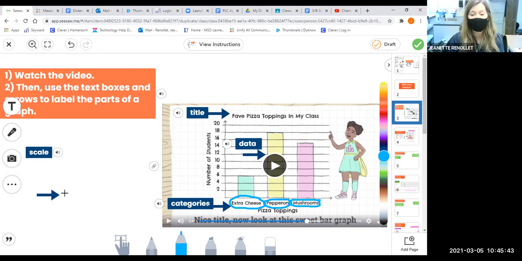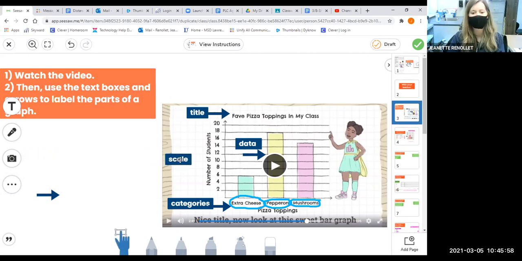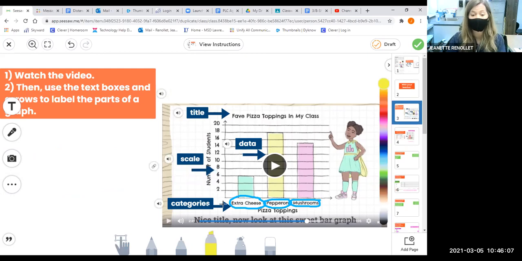Our last job is to label the scale. You're working quietly. Our scale is what we're counting by. Our scale helps us read the data. Our last job is to drag our scale to the graph and point to the scale. I notice this graph says we're counting by twos. 2, 4, 6, 8.